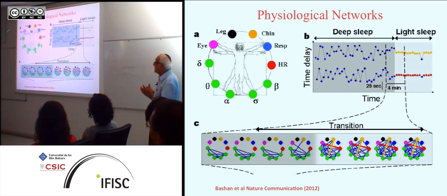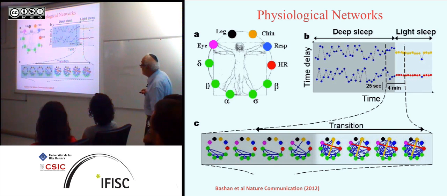And if we look at the interaction between these systems, we can make a network like this. What you see here is during 4 minutes. During these 2 minutes, before going to light sleep, is a stage in sleep. Deep sleep is a very deep sleep. The network is almost disconnected.